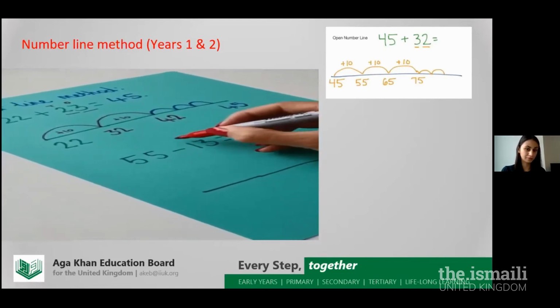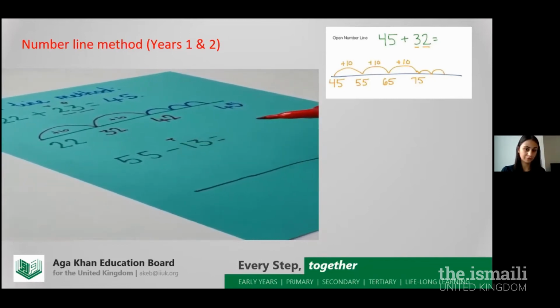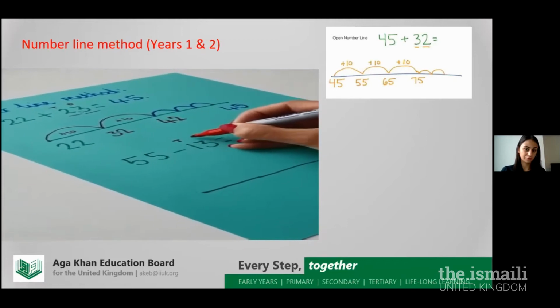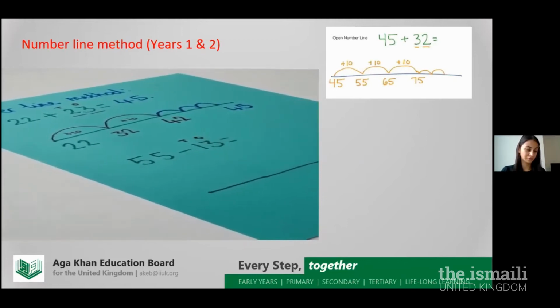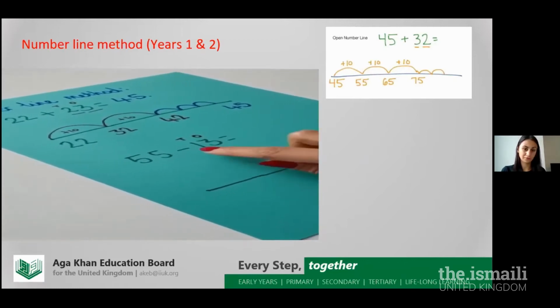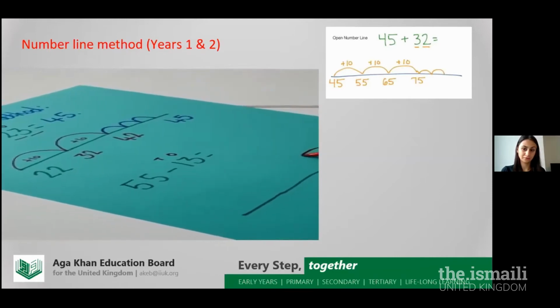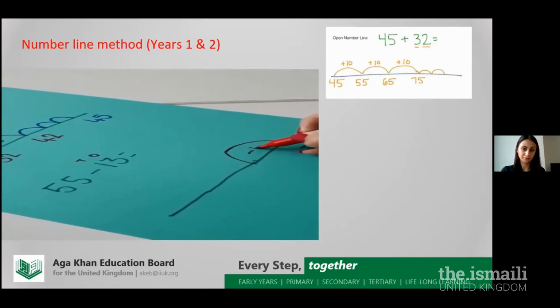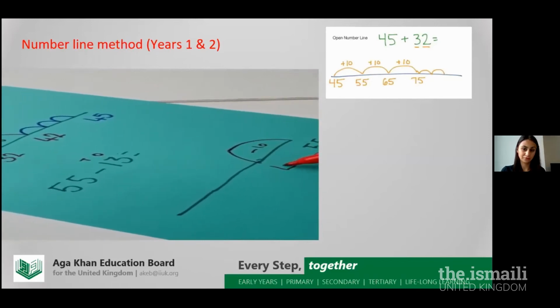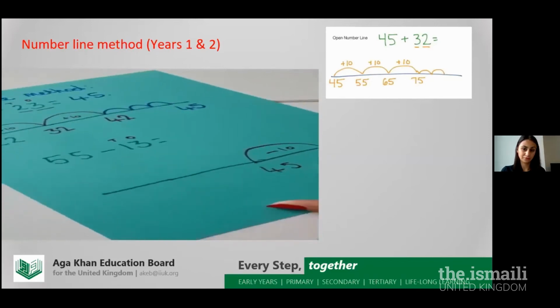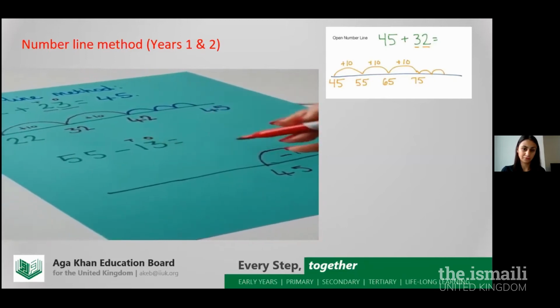So 13 has 1 ten and 3 ones. So 55, take away 1 jump of 10 is 45, then take away my 3 ones.